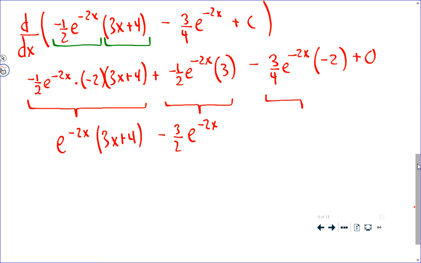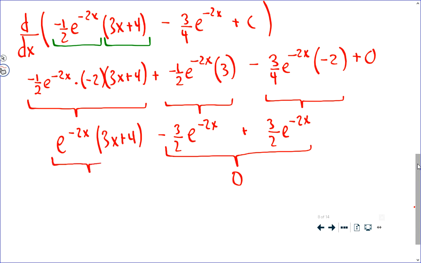And the last term, surprise, surprise, is +3/2 e to the negative 2x. So this is a wash. It doesn't count. All we are left with is this, which was our original integrand. So it's correct.